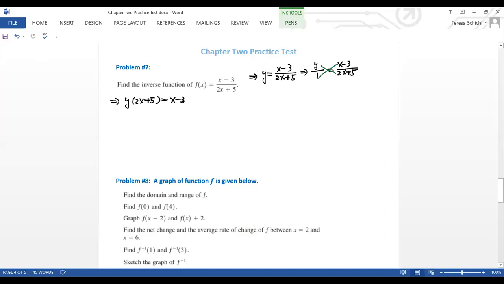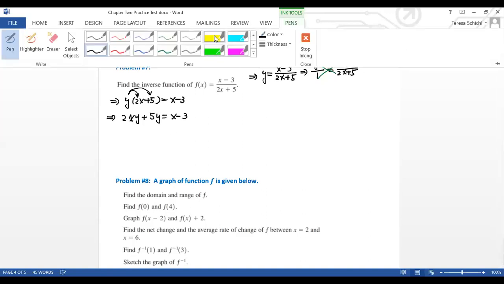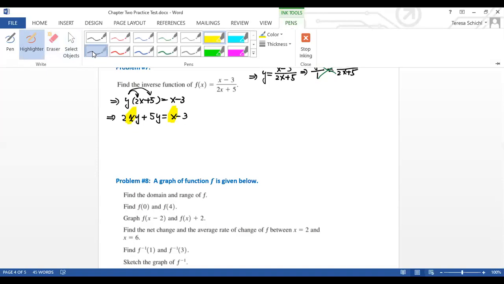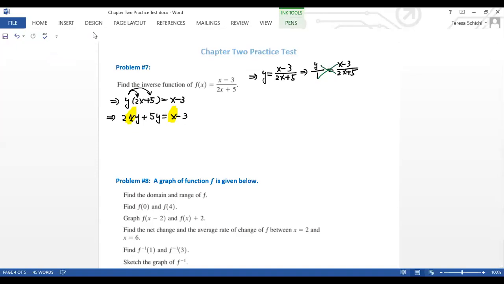I want to solve for x, right? Okay, let's just do it step by step and you will get it. This is the distributive property. So this is 2xy plus 5y equal to x minus 3, right? Since I'm solving for x, I need to move all the terms that have x to one side and those without x to the other side.